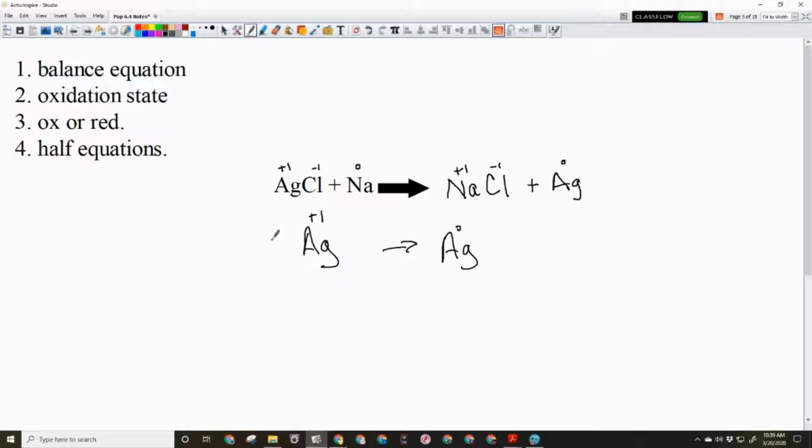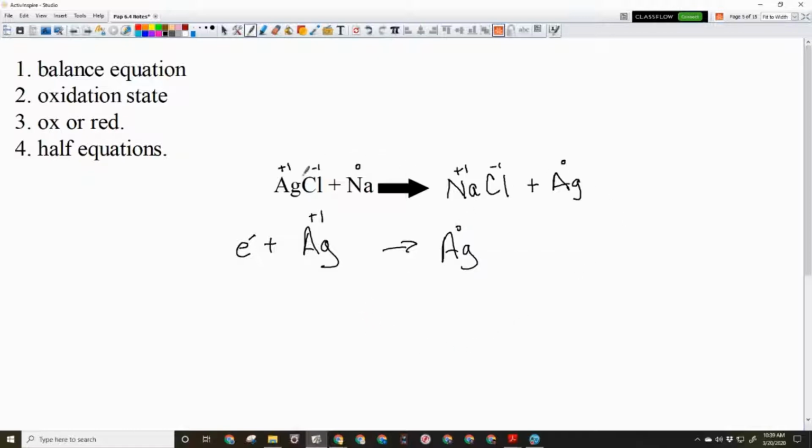So how can it neutralize that positive charge? By adding an electron here. So this side equals, that's what the arrow means, this side. So if we have silver +1 plus an electron, it is going to equal silver with a 0 charge, or oxidation state.